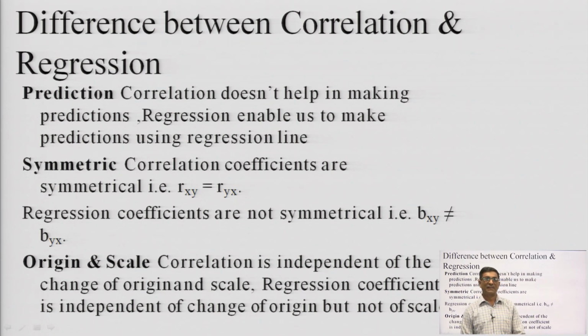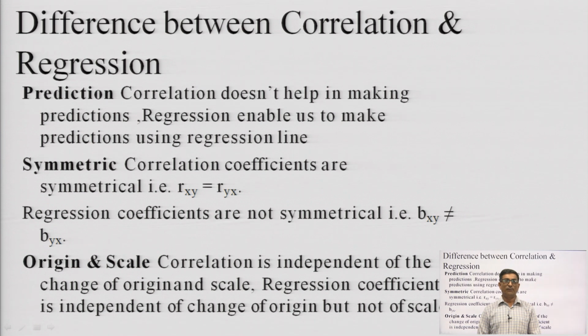In terms of symmetry, there is another difference between correlation and regression. The correlation coefficients are symmetrical, that is, if we have a correlation r xy, the correlation coefficient of x on y and the correlation coefficient of y on x, r yx, are the same.